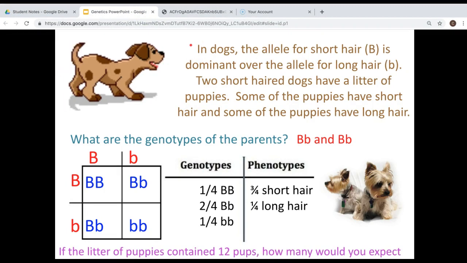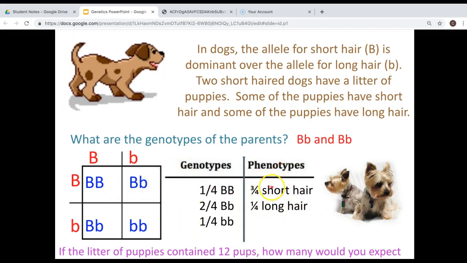All right, so here's a good question. If the litter of puppies contained 12 pups, how many would you expect to have long hair? Well, here we have 4, and out of the 4, 3 of them have short hair, 1 has long hair. So how many times would we have to do this to get to 12? 4 times 3 is 12.